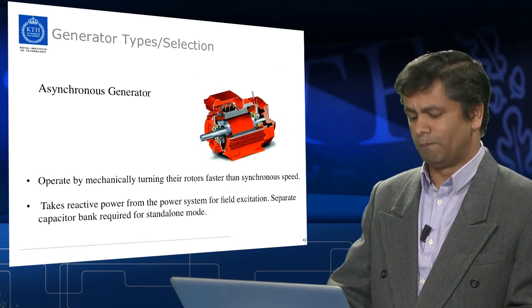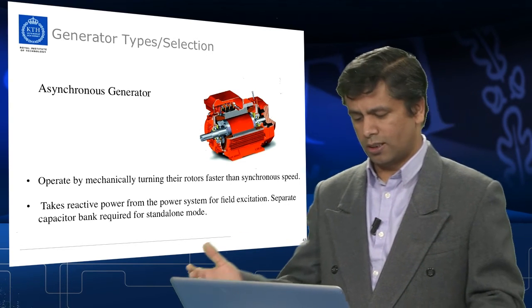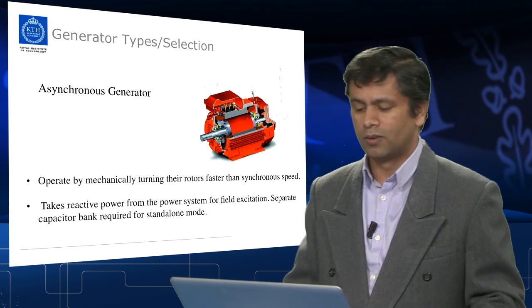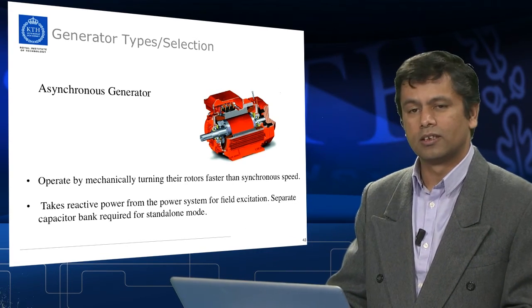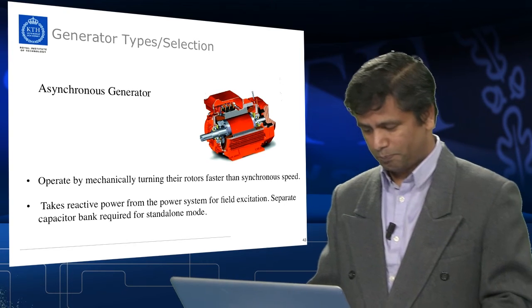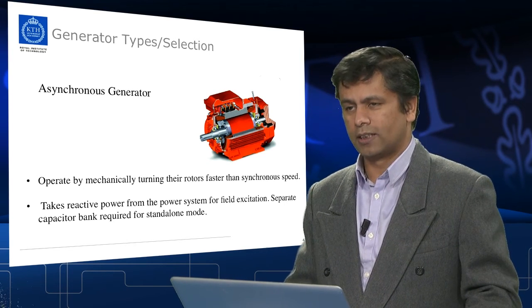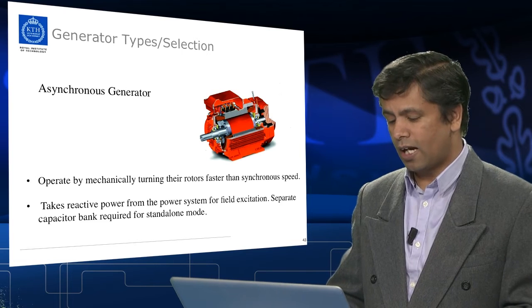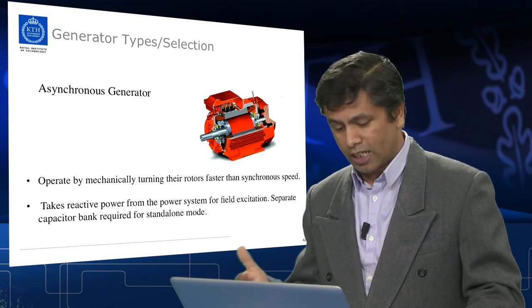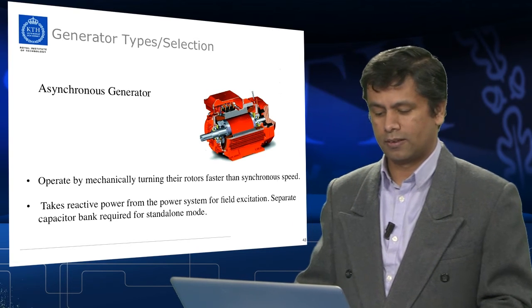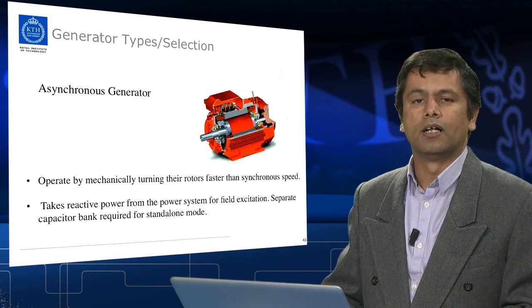Normally, when you connect this to the power system, it will always give the active power and take the reactive power for the field excitation, if you connect it to the grid. And if they are in isolated mode, then they may need a capacitor bank to operate in standalone mode.